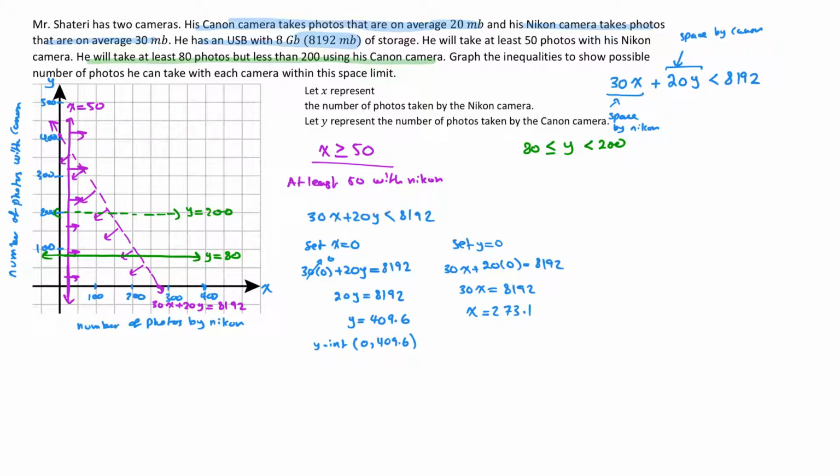And now y is larger than 80, so I have to shade above it, and y is less than 200, so I have to shade below it. So it's actually this region over here. So I will actually do two sets, one set showing that it's this region down here, and one showing that it's this region up here.